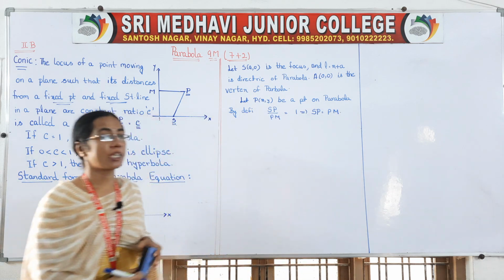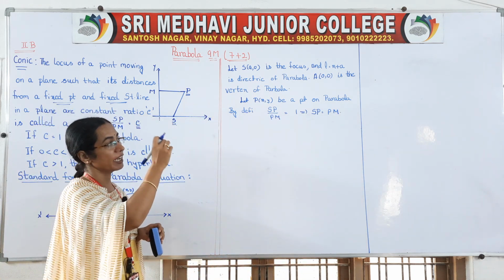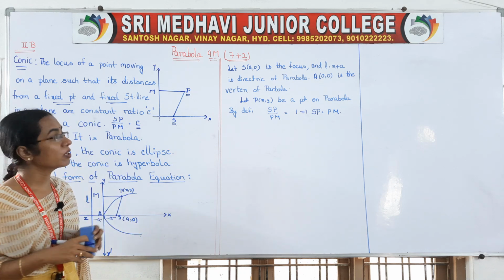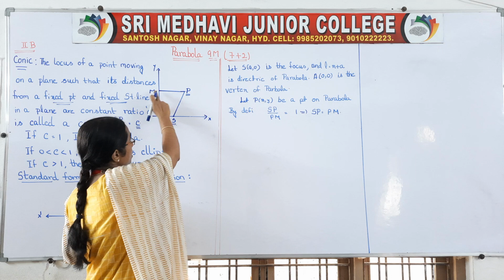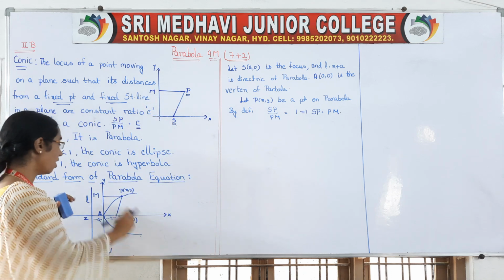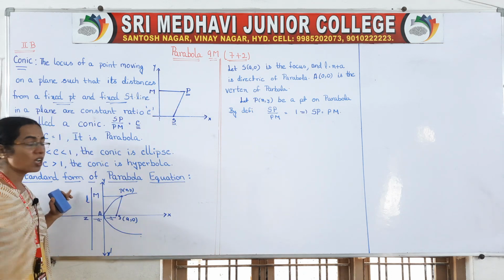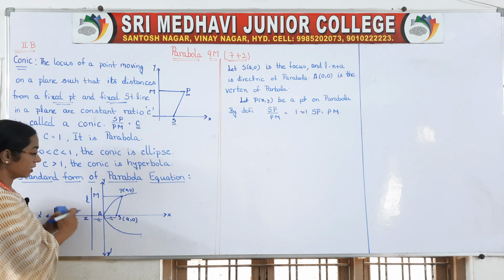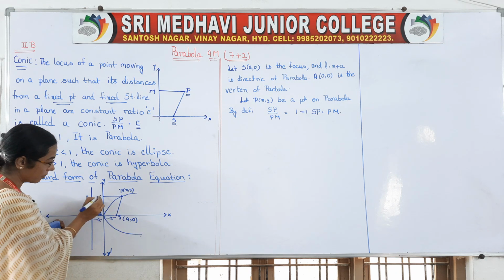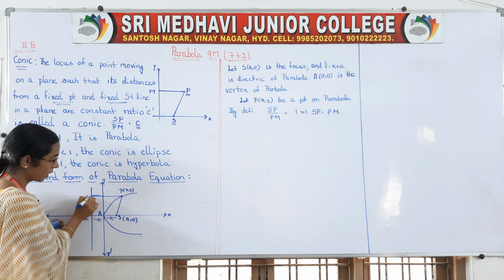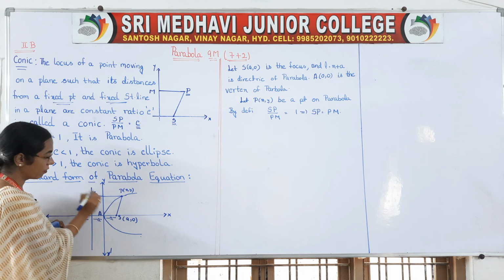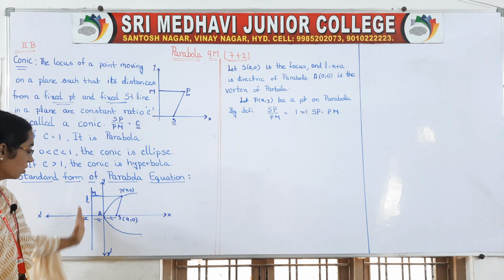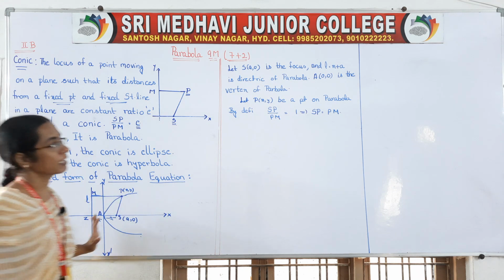What is SP? SP is the distance between S and P, and what is PM? PM is the perpendicular distance from the point to the directrix. Here we will write M, the perpendicular distance from P (x, y) to the line directrix.